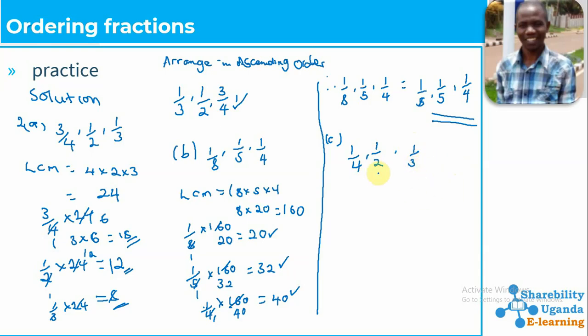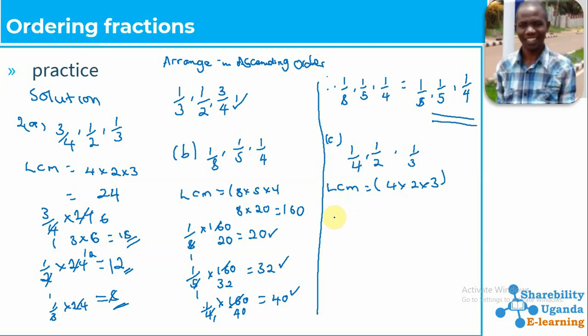So we can also look for the lowest common multiple of these numbers, which is going to be equal to 4 times 2 times 3. So we can say this is 8 times 3.